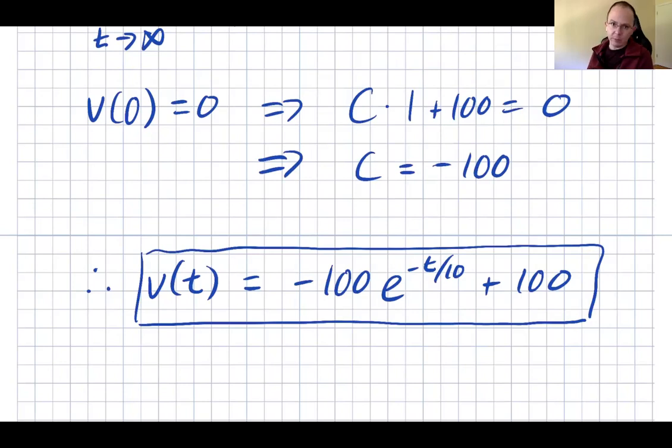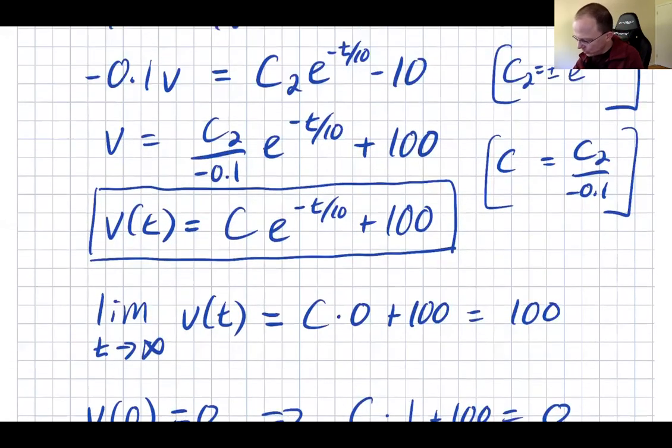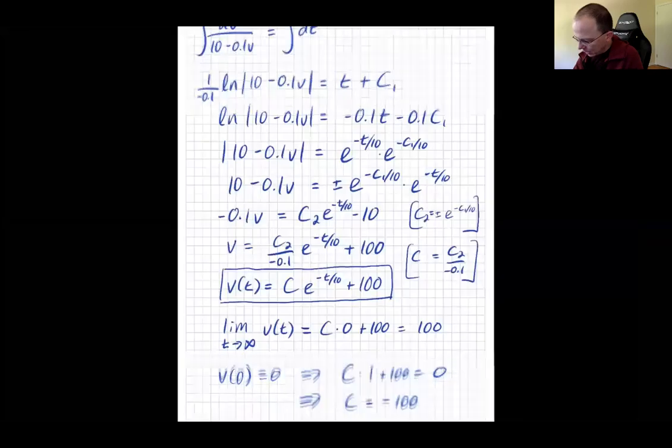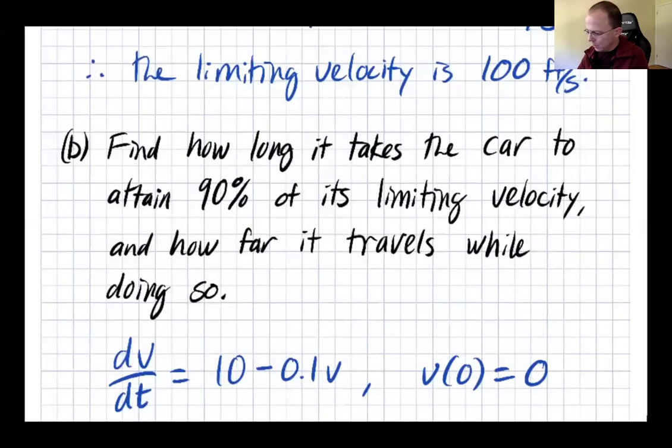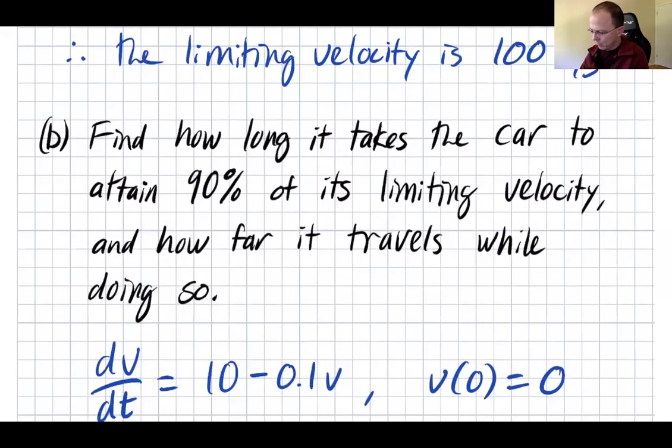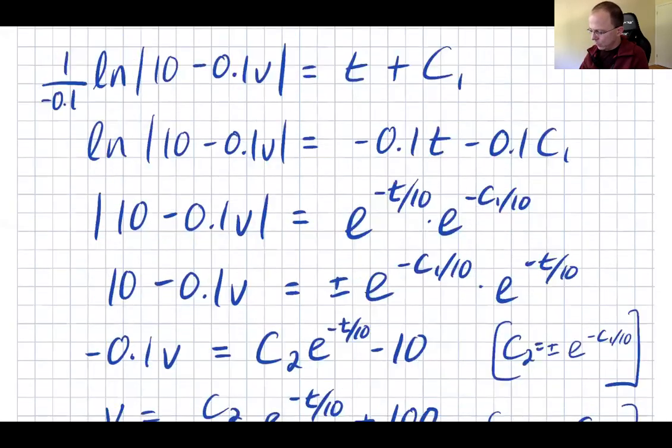So that's why it's called the limiting velocity. Okay, great. So what was the question asking? It wanted to know how long does it take for the car to attain 90% of its limiting velocity? So we won't attain the limiting velocity exactly, but we can attain 90% of the limiting velocity. So when will that be?